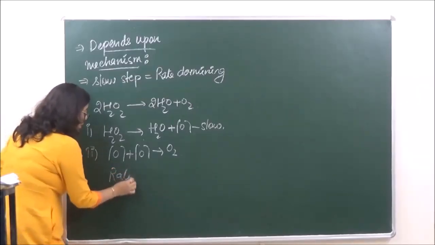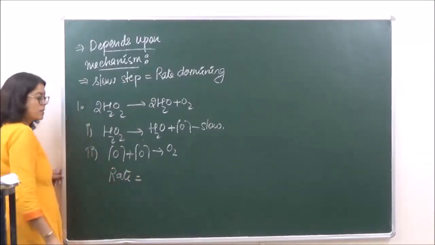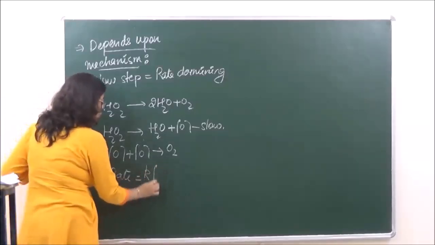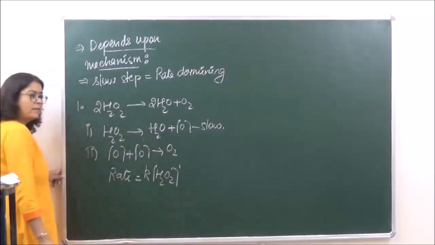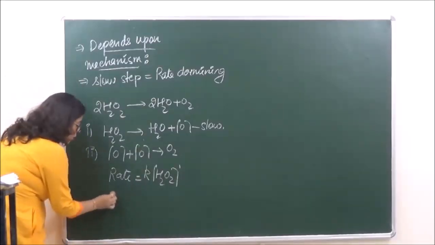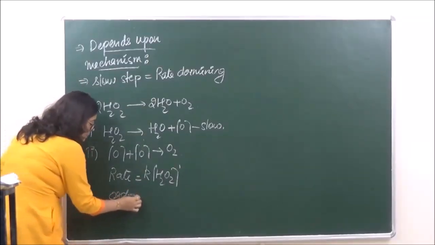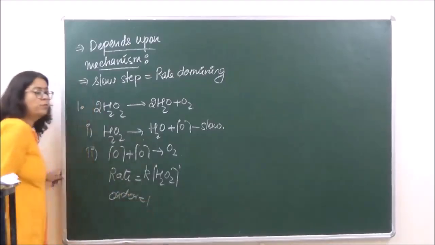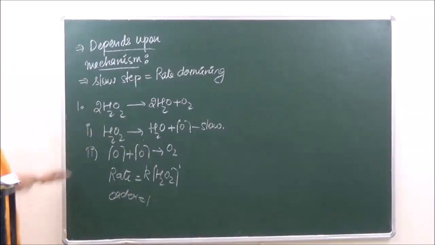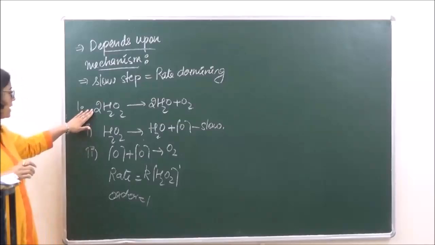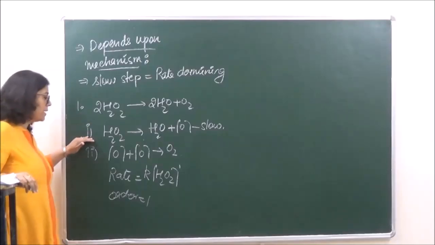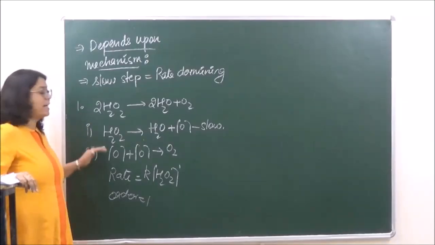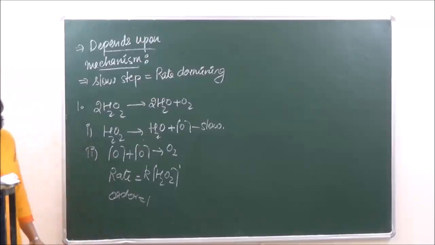Therefore, rate becomes equal to K into the concentration of H2O2 raised to power 1. So what is the order of the reaction for this? It is going to be 1. Now if you look at the stoichiometry of the reaction, the order seems to be 2 according to the theoretical concept. But when experimentally verified, the order of this reaction is equal to 1.